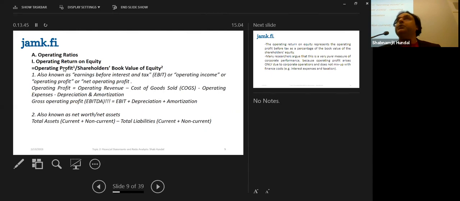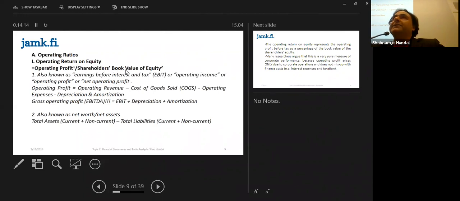I recommend you to use net operating profit, which is minus depreciation, minus amortization. And then you divide by the shareholders' book value of equity. It's very simple. All you need is to subtract total liabilities from total assets.